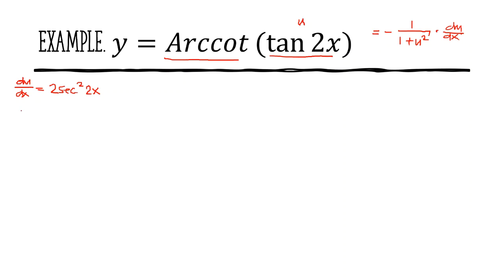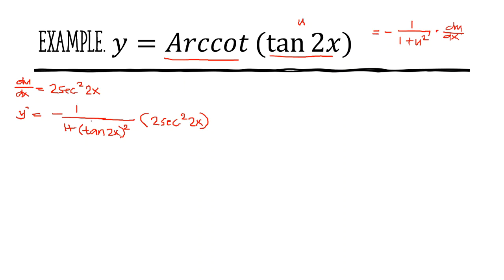So that being said, we can just plug in the values that we have earlier. So we have negative 1 all over 1 plus our u, which is tangent 2x squared, because this is u squared, times the derivative of our u with respect to x. So we have 2 secant squared 2x.